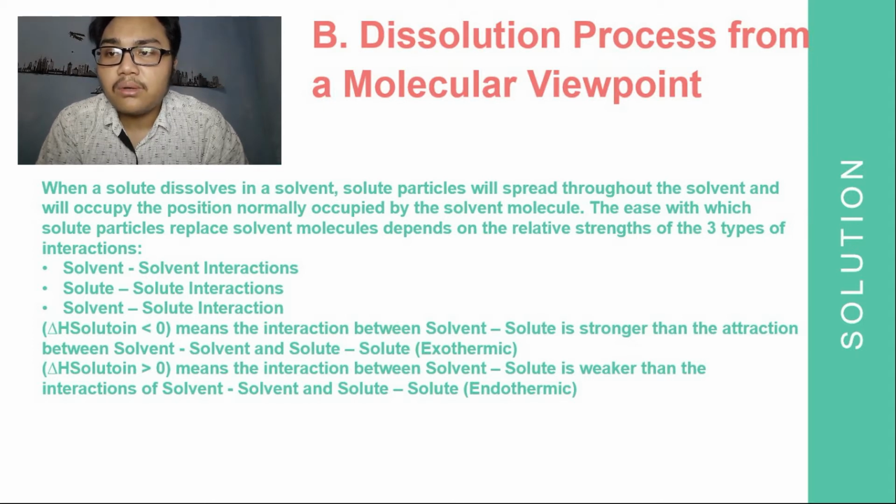This high regularity will be destroyed if the solute dissolves in the solvent. So the dissolution process is accompanied by increased irregularity or randomness. It is the increased system disorder that causes any substance to dissolve even though the dissolution process is endothermic.